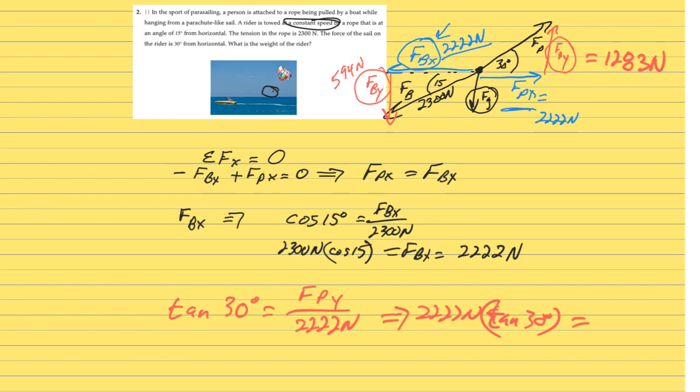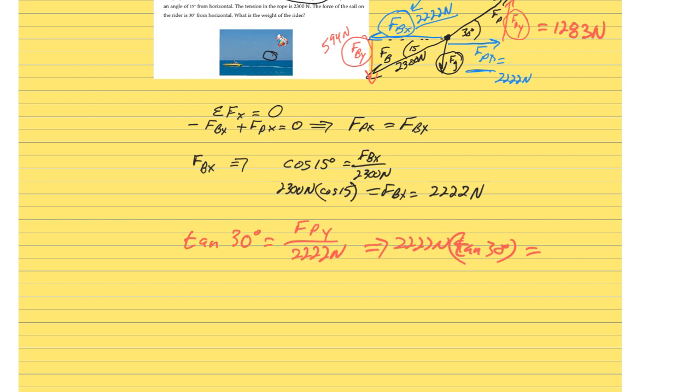Now, here comes the fun. You ready for the fun? I know I am. I have all my y's. So let's do this. So sum of the forces in the y direction equals 0. I have force parachute y minus force boat y minus force gravity equals 0.